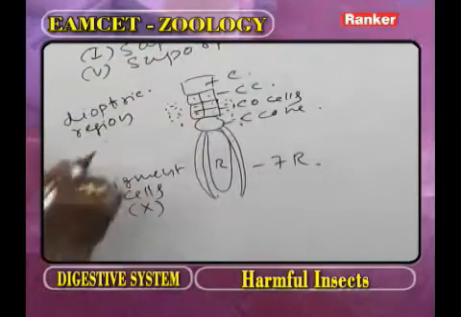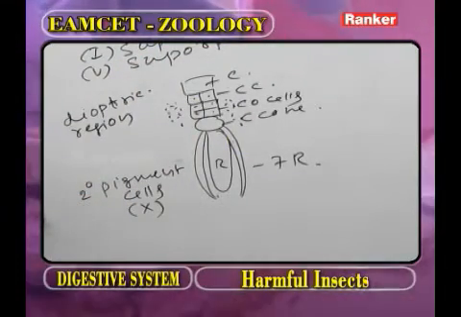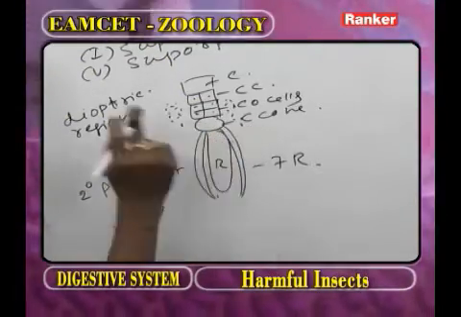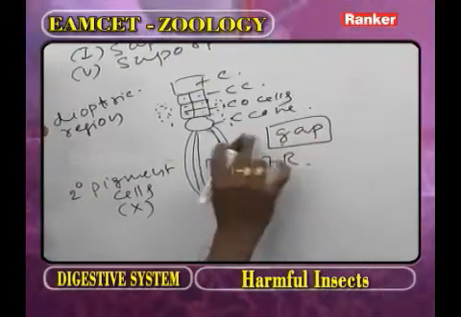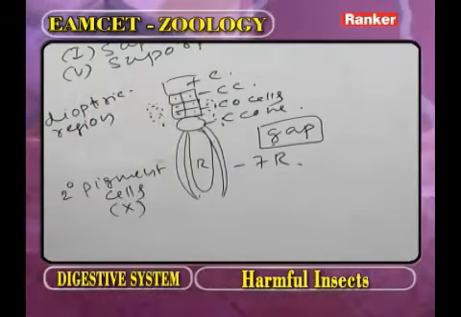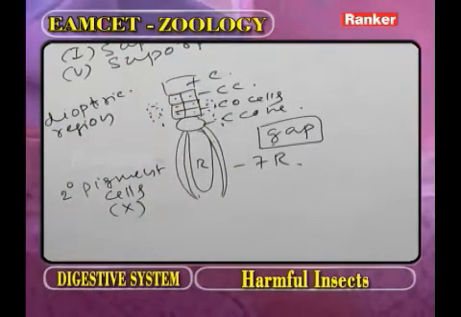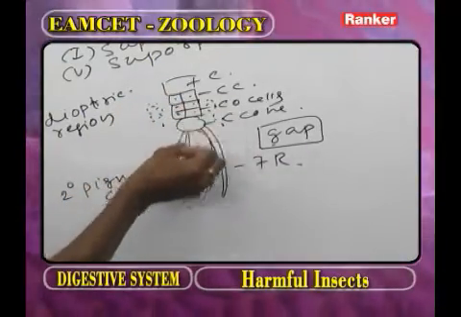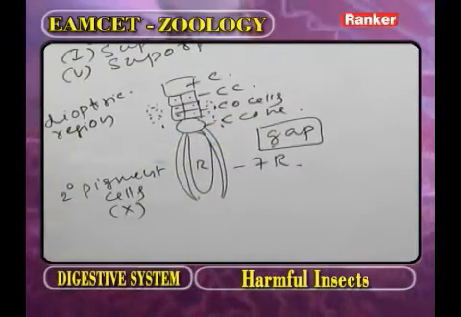In the nocturnal insects, secondary pigment cells are absent, as well as there is a gap between cone cells and retinulae, so that the ommatidium not only receives the light rays coming through its cornea, but also absorbs the light rays from the adjacent ommatidia.